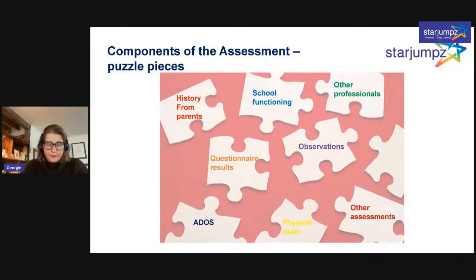So the pieces are the history from, I should have actually put in there, the child. So obviously where applicable, we really want the child's voice to shine through our assessment. So history from child and family, history from school.